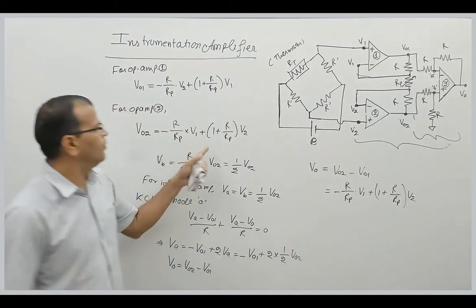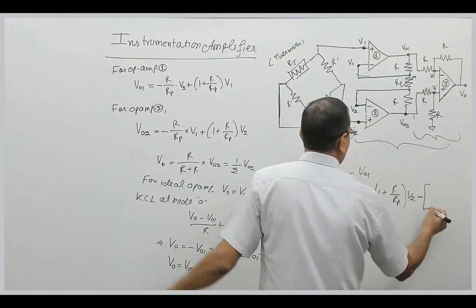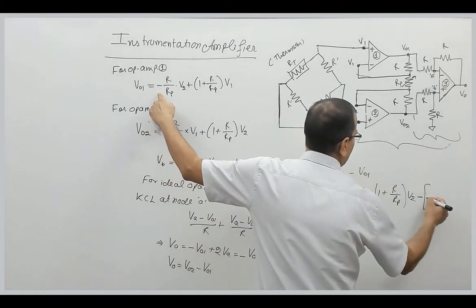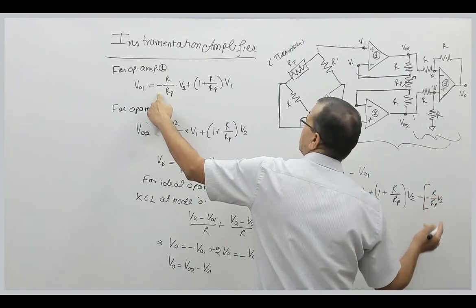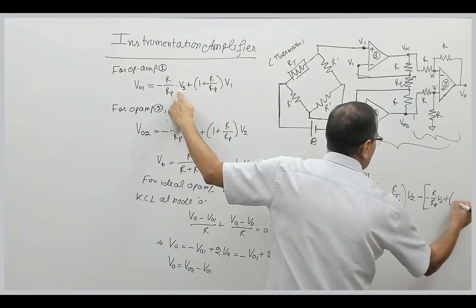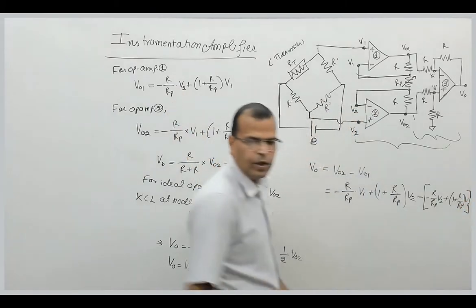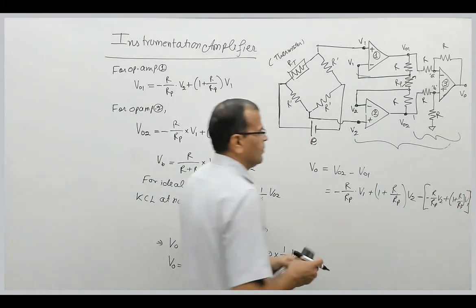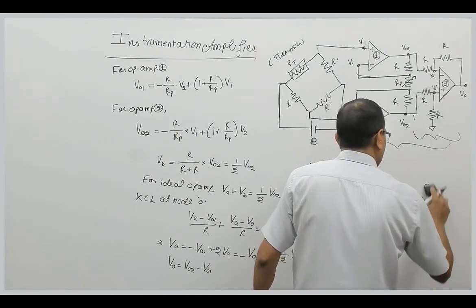This is the expression of V02. Then minus of V01, that is minus of minus R by RP into V2 plus 1 plus R by RP into V1. This is the expression, or you can rewrite it a little bit more clearly.